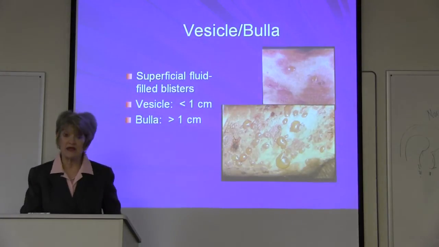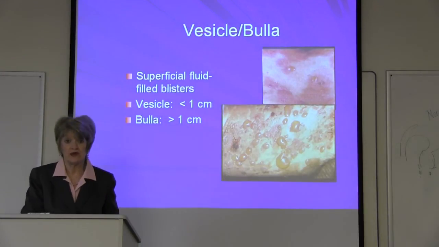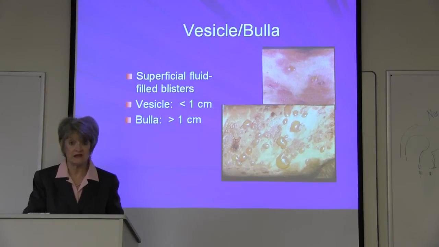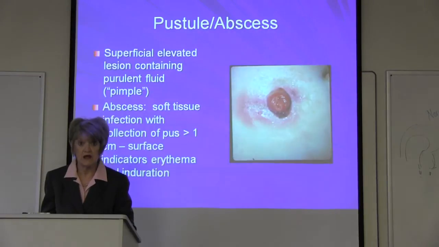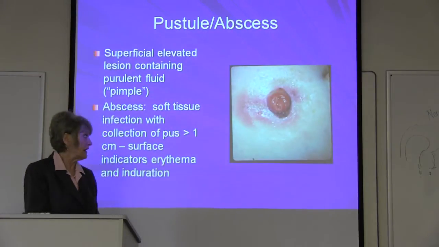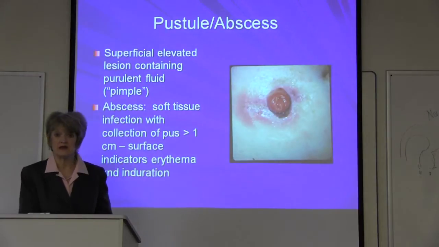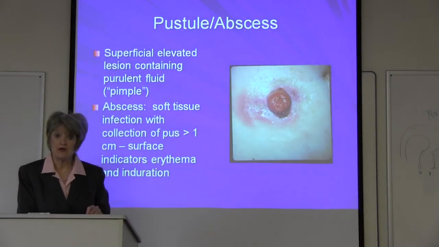Vesicle and bulla, I think everyone's already very familiar with those terms. You know that a vesicular rash is a rash that's characterized by blister formation. Vesicles are small blisters. Bulla are large blisters. Those are terms that we already use pretty accurately. Pustule, again, I think we're very familiar with this. This is a papule that is filled with purulent fluid.